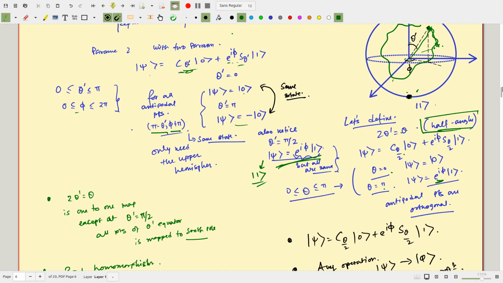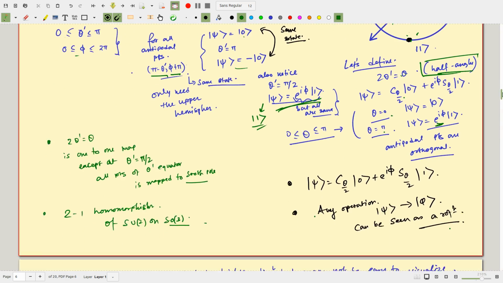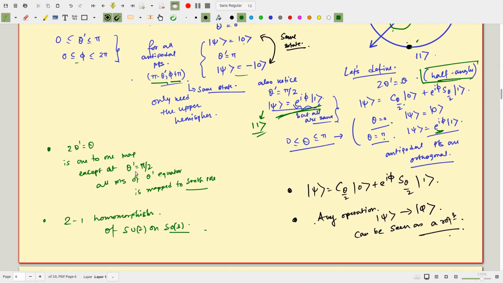So, this representation of an arbitrary two-dimensional state as a point on a sphere, this sphere is called a Bloch sphere. This representation is called the Bloch representation. So, also notice this map of 2 theta prime to theta.